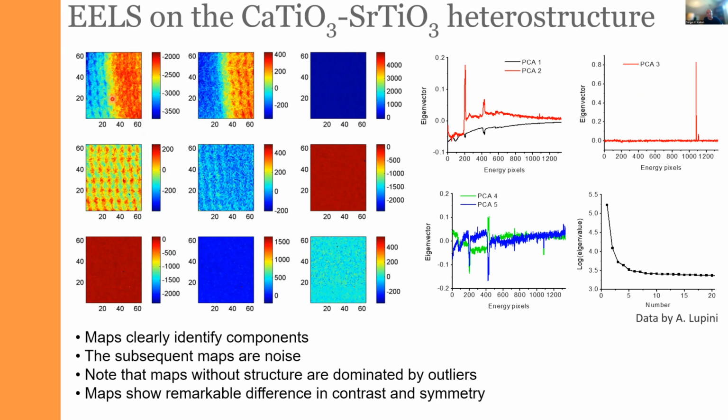Makes perfect sense. You can conclude that one of these parts is responsible for calcium, another is responsible for strontium. So we see the fourth and fifth component, which are actually uniform, so they don't show any variability. So the obvious guess is that this component is somehow related to titanium, because we expect the titanium layer to be continuous across this interface.